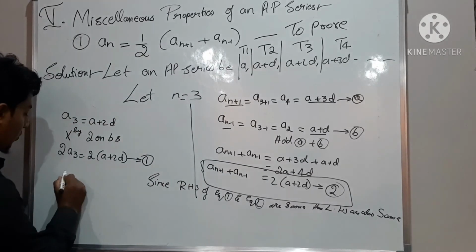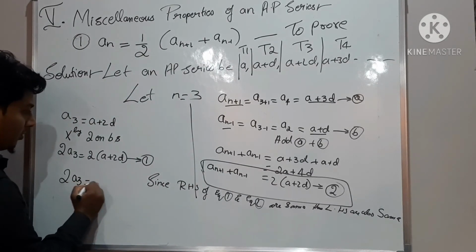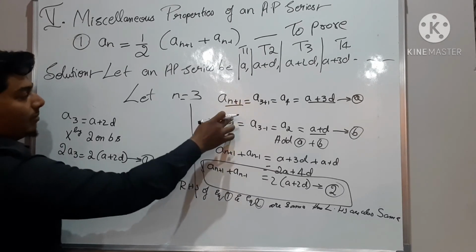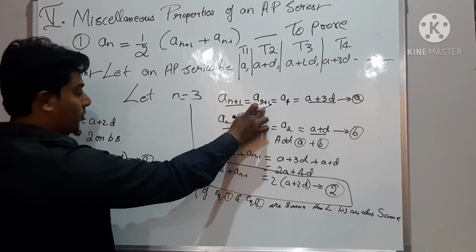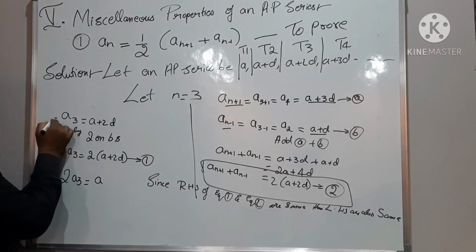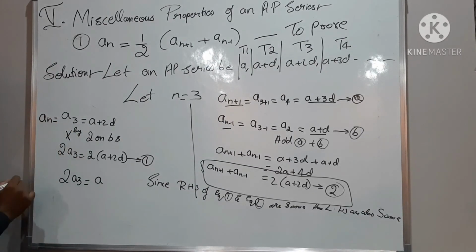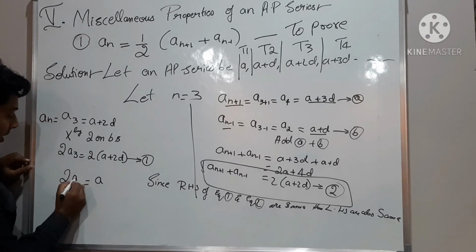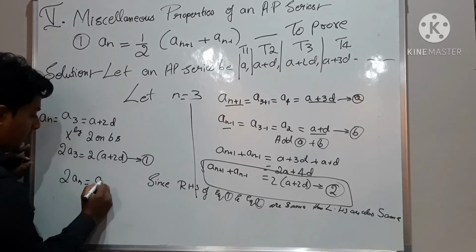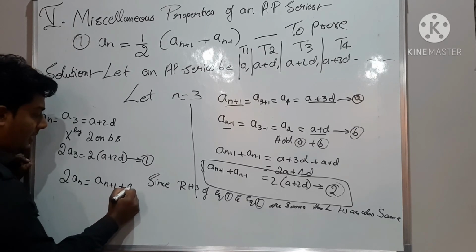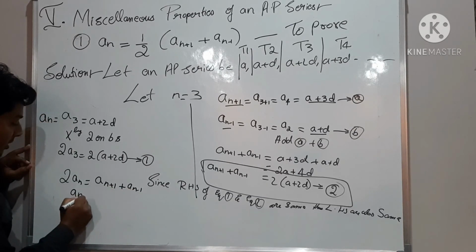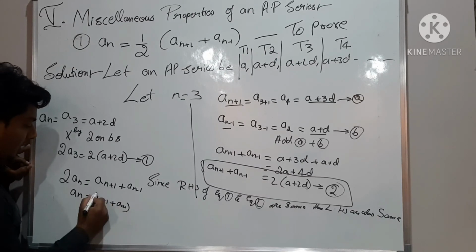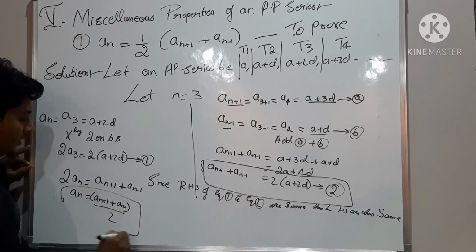Therefore, 2 times A3 is equal to an plus 1 plus an minus 1, where n is 3 and A3 is an. Therefore, we have 2an is equal to an plus 1 plus an minus 1. Hence proved.